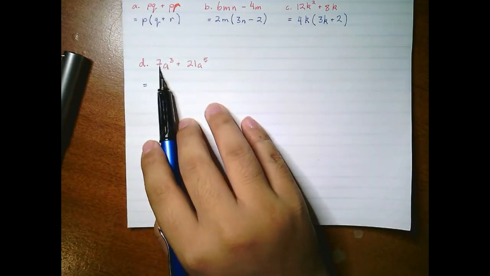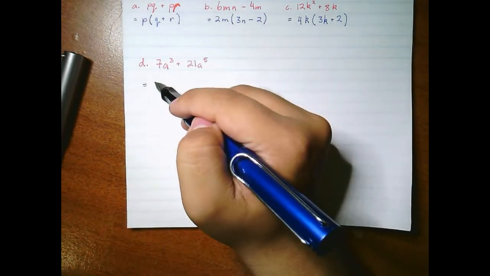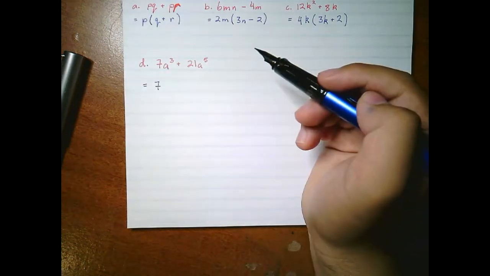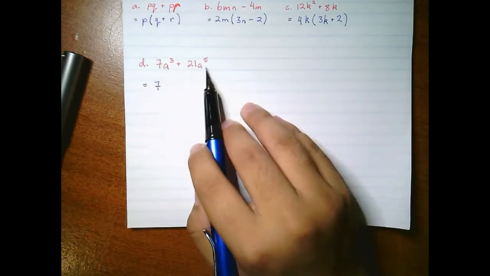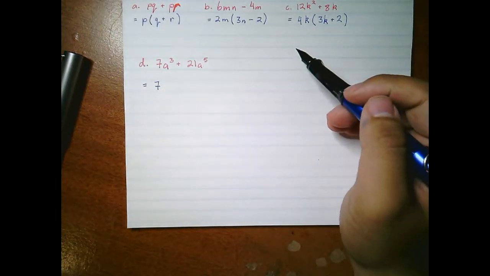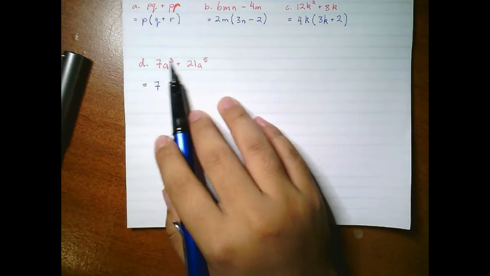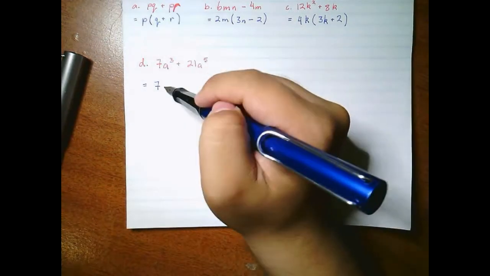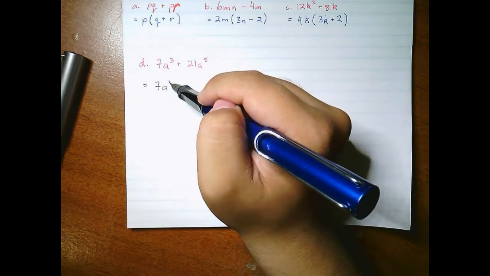Well, 7 and 21 are multiples of 7, so it's going to be 7. Now take a look here. This one has 3, and this one has 5. So what's the biggest one we can take out? Well, it's all of this. That's going to be a little tricky, but hang on there. It's actually going to take out all of it.